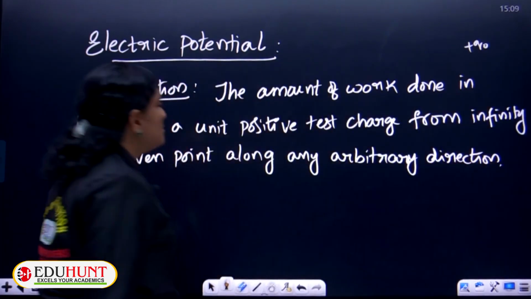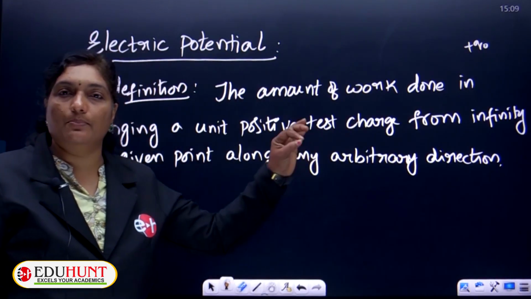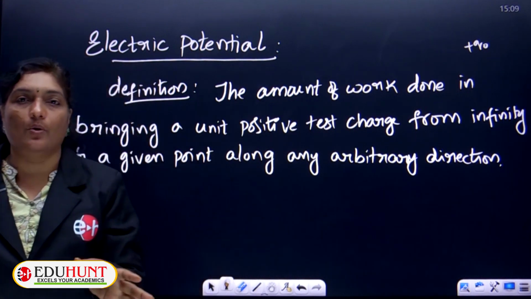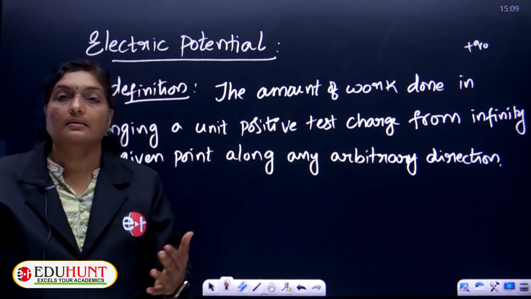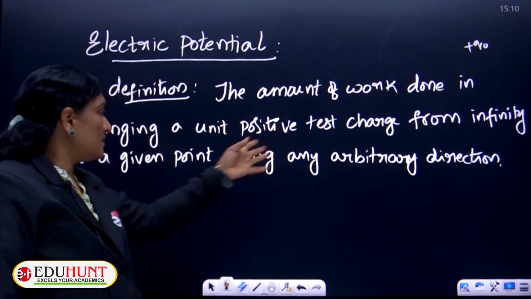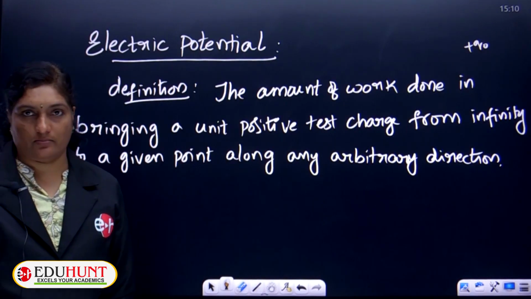So, what is the definition, children? Electric potential means the amount of work done in bringing a unit positive test charge from infinity to a given point against the direction of electric field intensity, along any arbitrary direction.